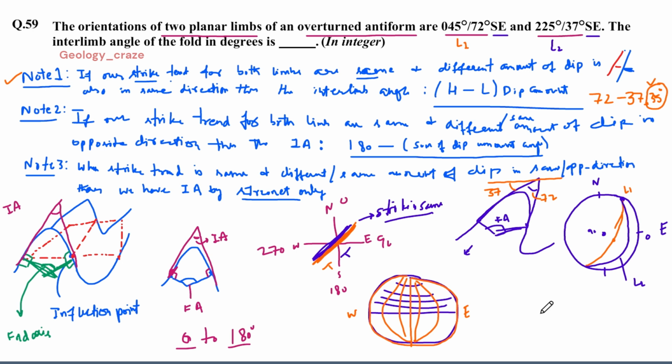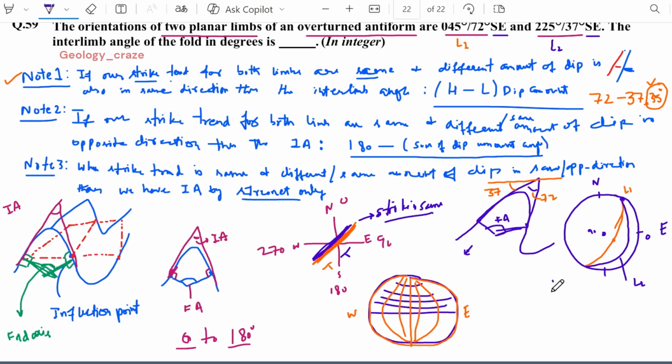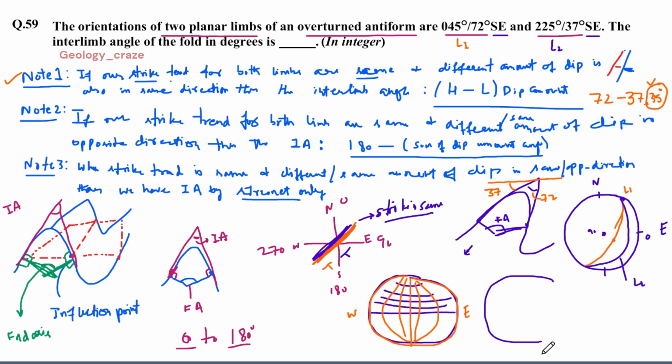Now if both the limbs are dipping in opposite directions, I will construct the same thing here, but for the other option. Suppose now, I will just change the question.